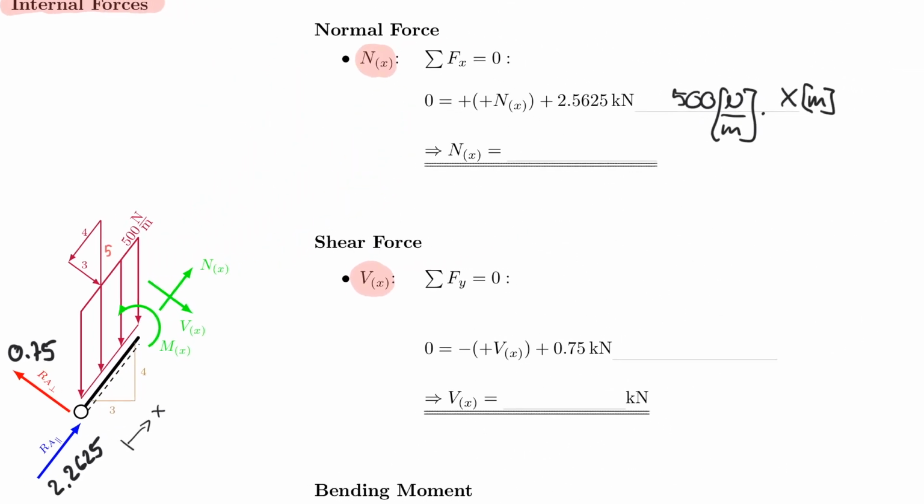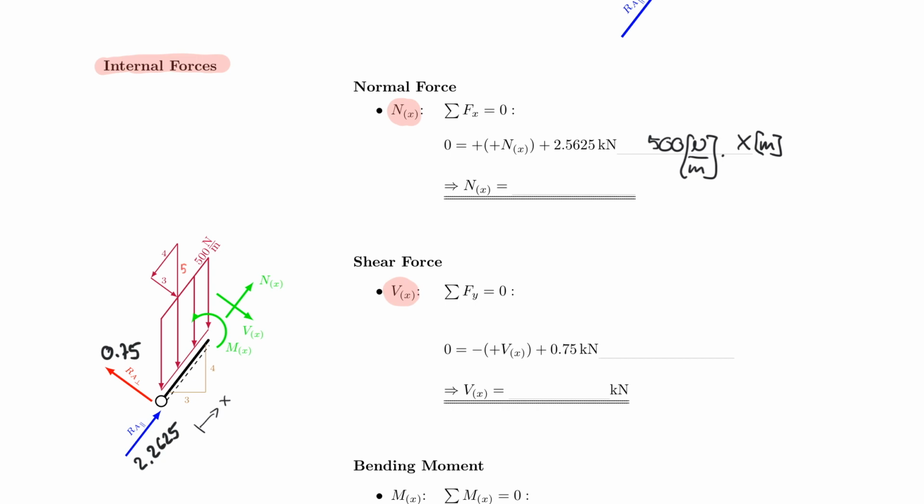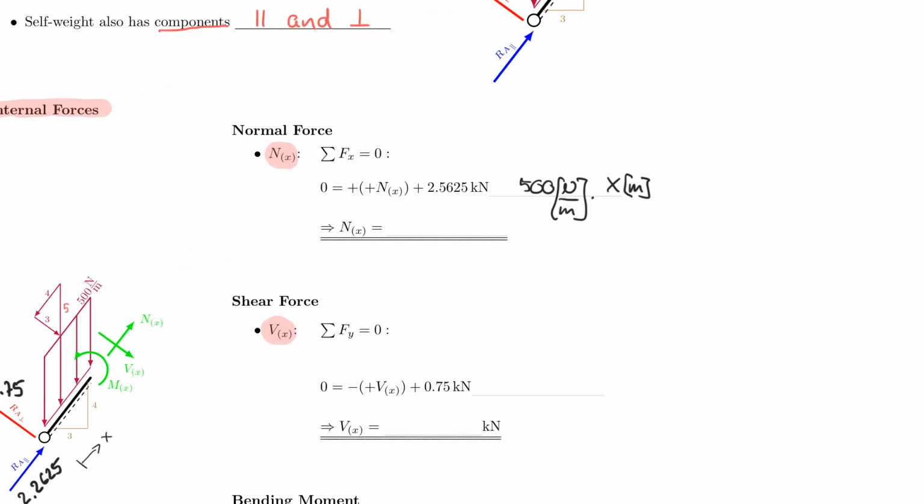So x meters. But I also have to account for the part that is only parallel to the member. So what I have to do is divide it by 5 and multiply it by 4. So I'm going to do that now. So multiply by 4 and divide by 5.